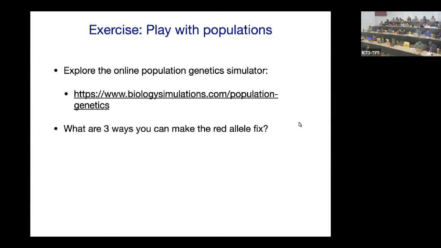You can discuss with your neighbor if you like. Given that you've already gone through Kavita's lecture, this should be fairly easy. Anybody succeed?